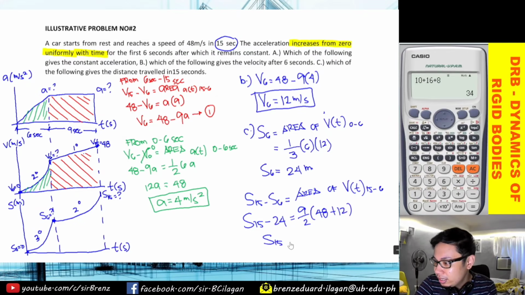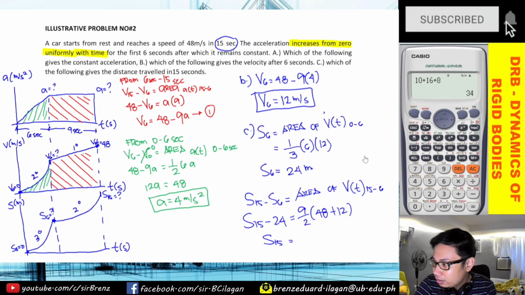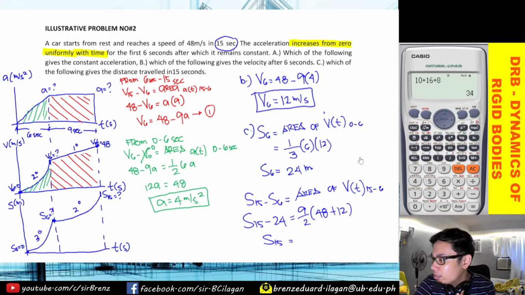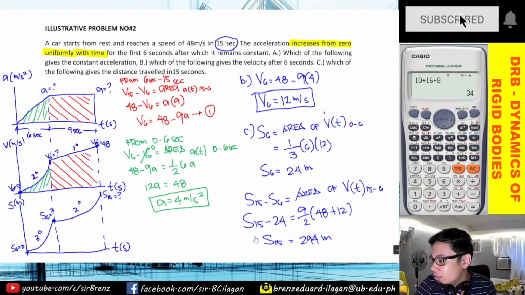So the displacement after 15 seconds, lang natin sa calcu, 9 divided by 2 times the quantity of 48 plus 12, and then transpose mo sa kabila, so plus 24. So that is 294 meters.